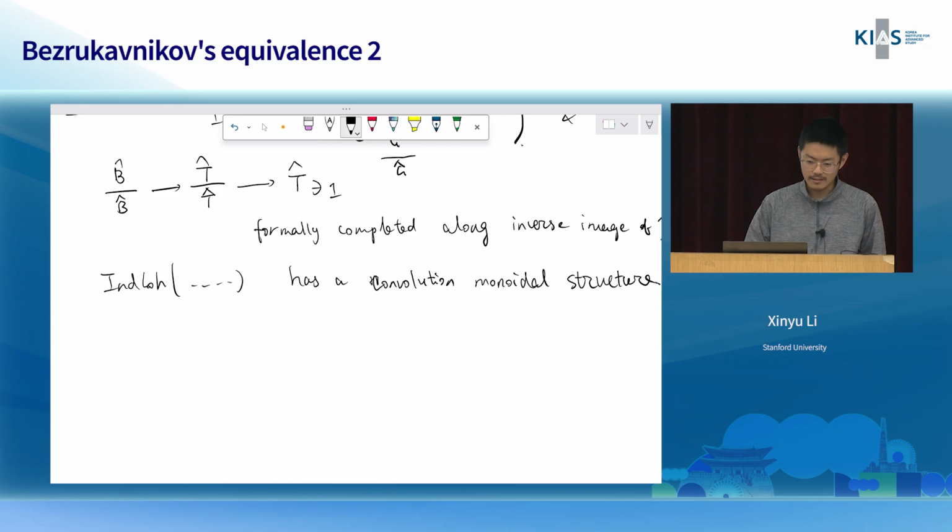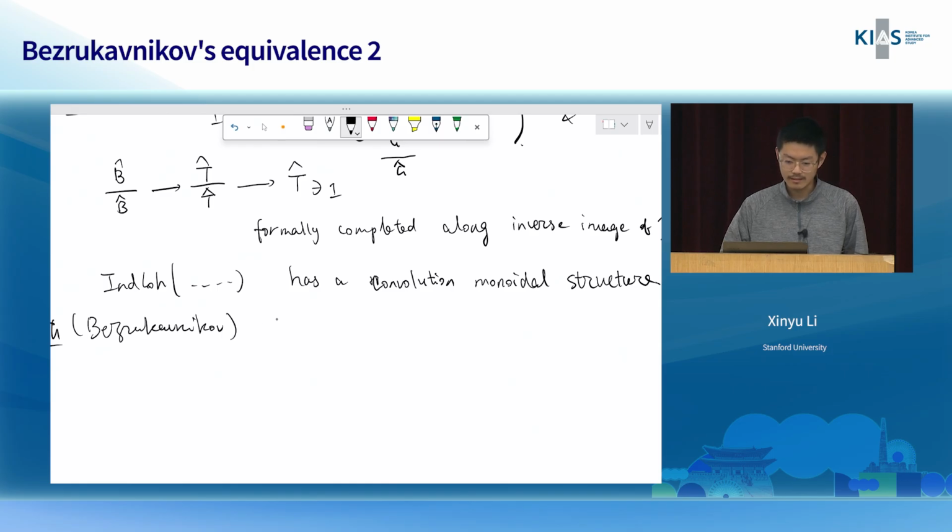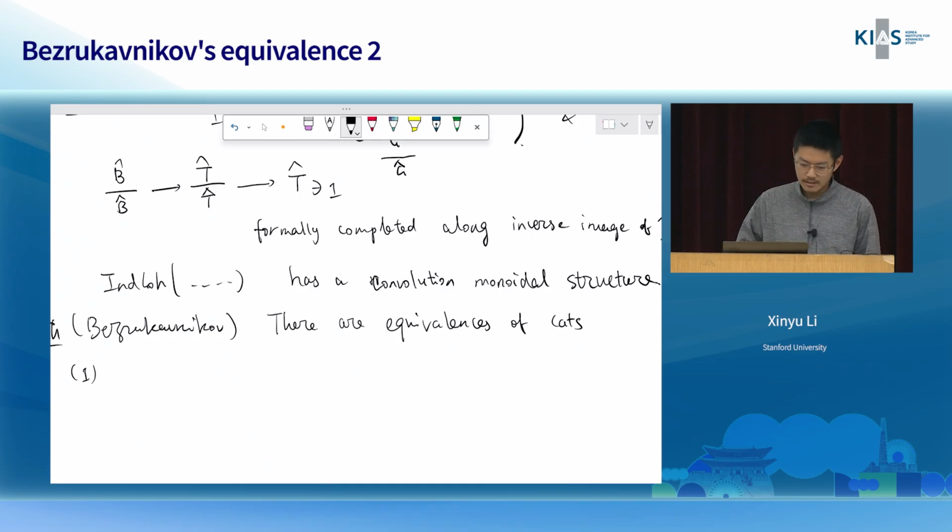Okay. The original theorem of Bezrukavnikov basically states the following. There are equivalences of categories. Sometimes it's also called a constructible-coherent equivalence because it links some category of constructible sheaves with some category of coherent sheaves.